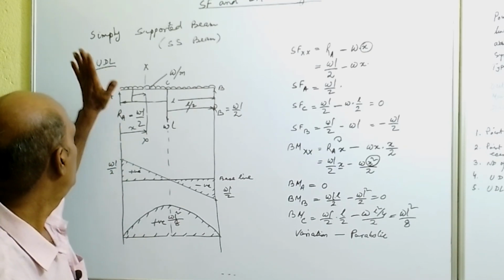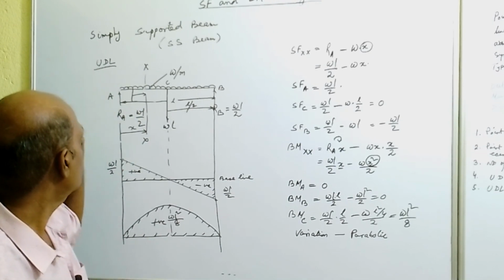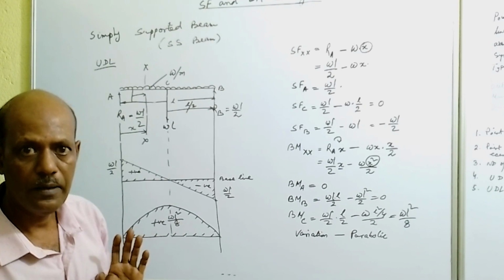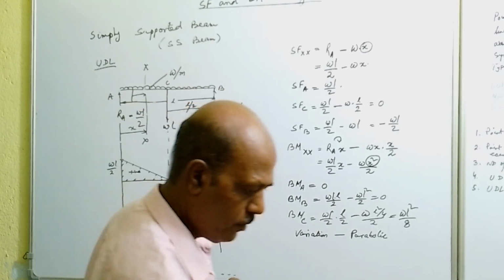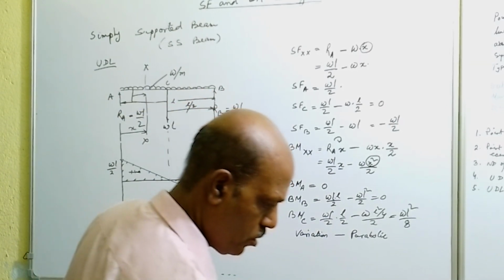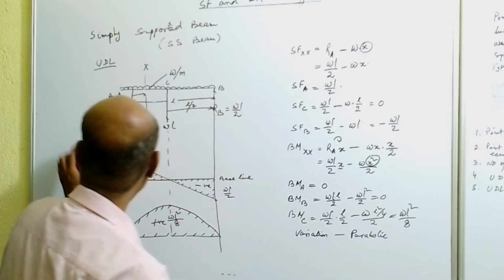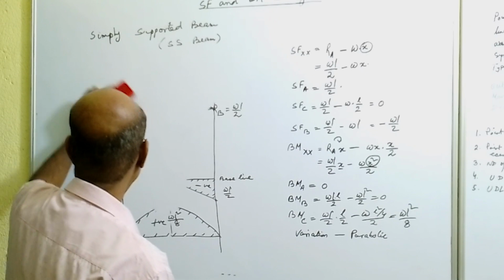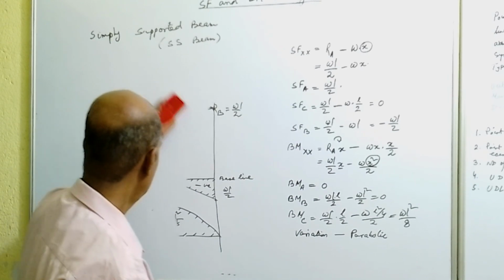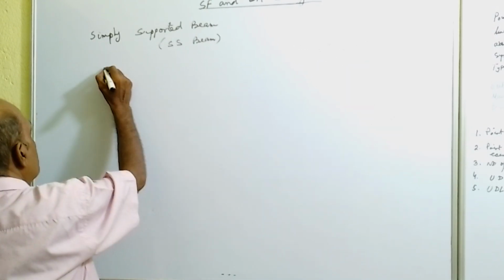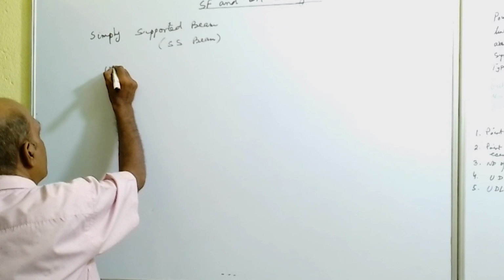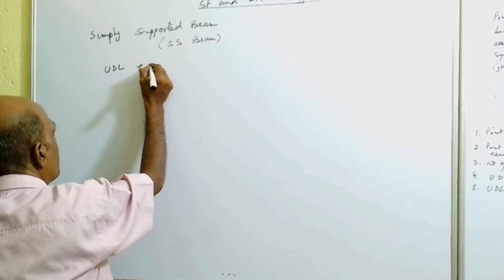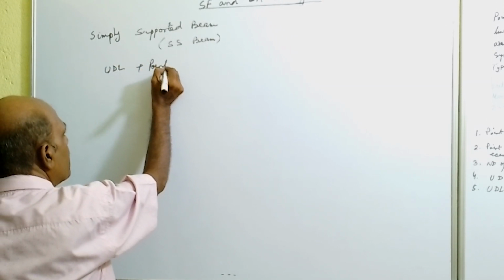So this is all about when the beam is under uniformly distributed load. Now we'll see one more problem under this, that is a simply supported beam under say UDL plus point load, so it may be the case.